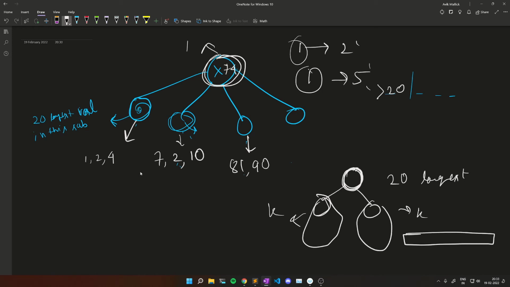And when we calculate the values for this vertex's subtree, this vertex's own value will also be added. So if we add this value to the new array, and after sorting, the first k values will be our k largest values for this subtree, right? So this is nothing but a recursive approach using DFS. So that was all about this problem.